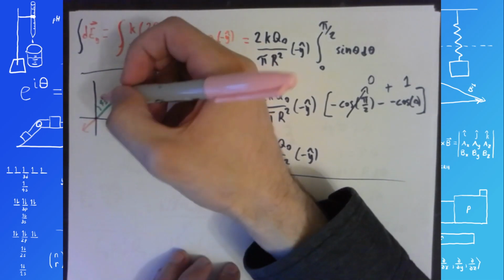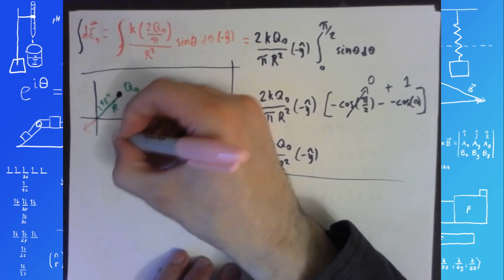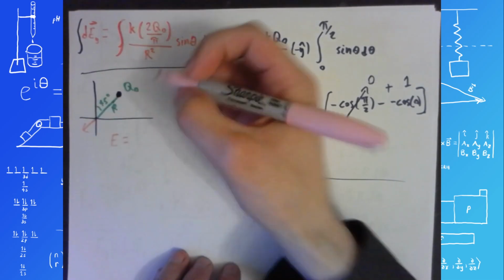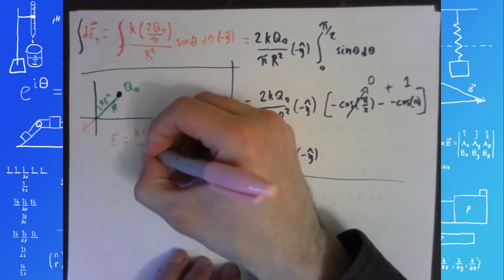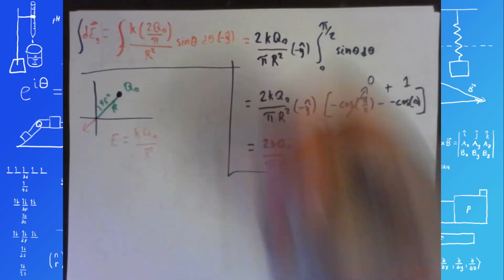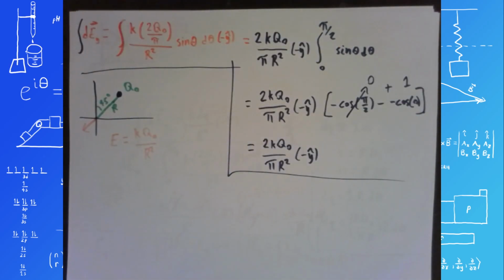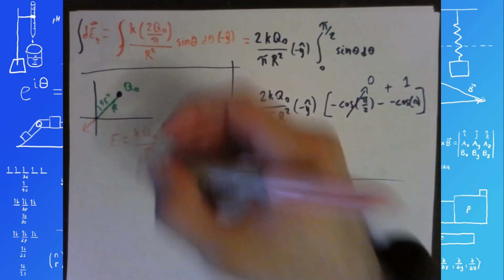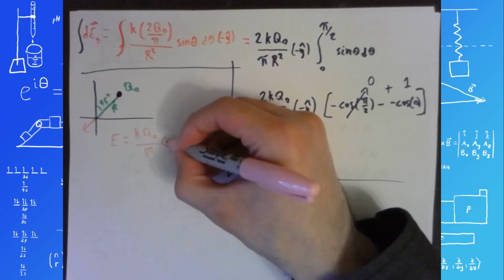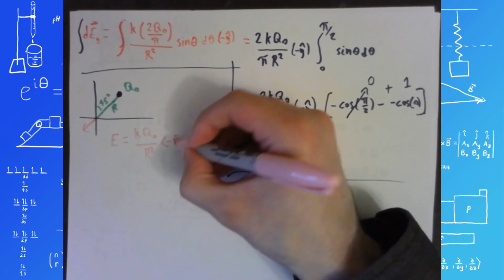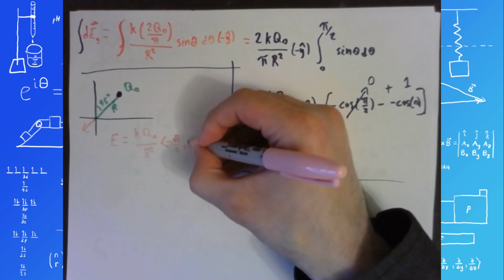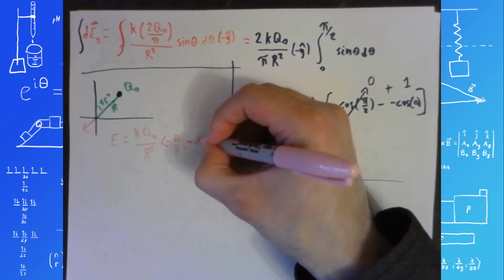So the total magnitude of this electric field would be k q0 over r squared at that 45-degree angle. So I guess your r hat would be negative root 2 over 2, comma, negative root 2 over 2.